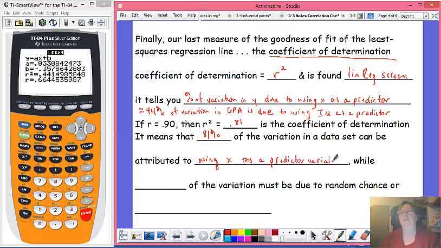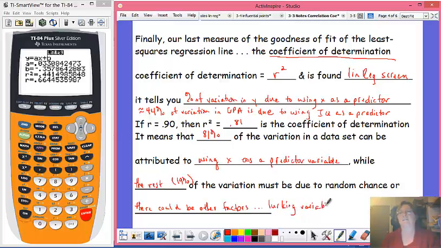Now, what's really interesting to me is that if 81% of the variation comes from using x as a predictor, the rest of the variation, in this example 19%, must be due to random chance, or there could be other factors. You remember those lurking variables.